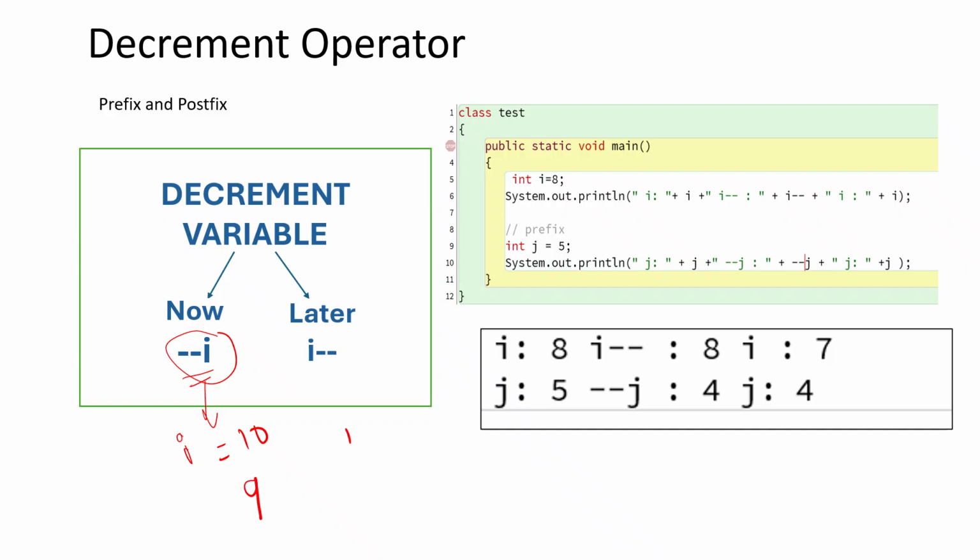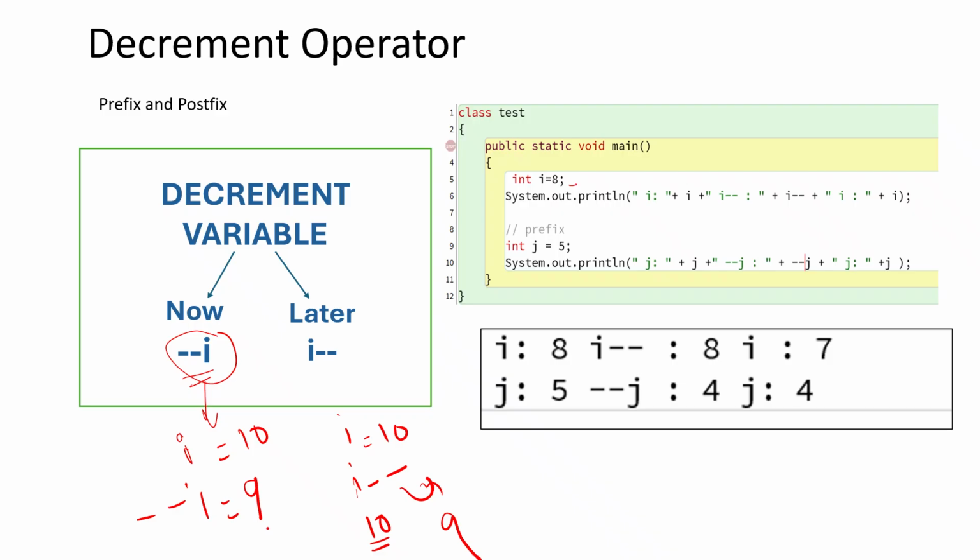But now here i is equal to 10, I do i--, then it will not decrement it. It will first time give me value as 10 and later on, once I leave this place, it will decrement it and become 9.